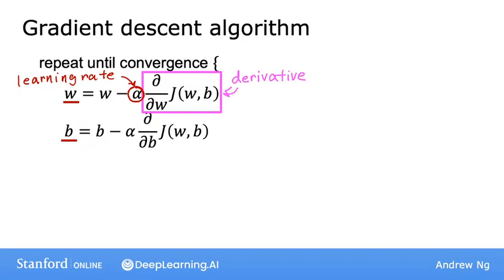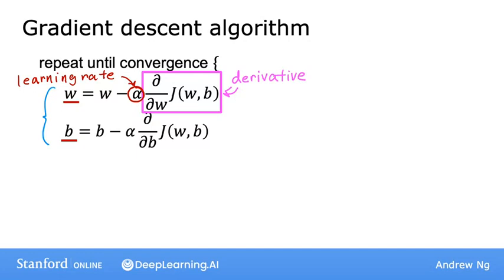So what we're going to focus on now is getting more intuition about what this learning rate and what this derivative are doing, and why, when multiplied together like this, it results in updates to parameters w and b that make sense. In order to do this, let's use a slightly simpler example where we work on minimizing just one parameter.